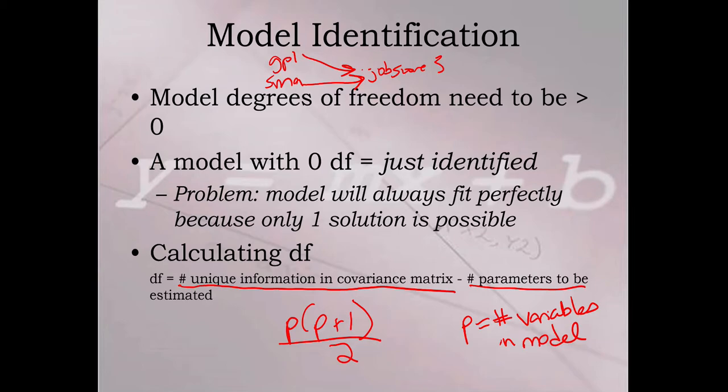Josh says 3. That's the number of variables. But what is the number of pieces of information? Casey says 2, Jake says 5. Everybody's all over the place. How many variables are in that model?